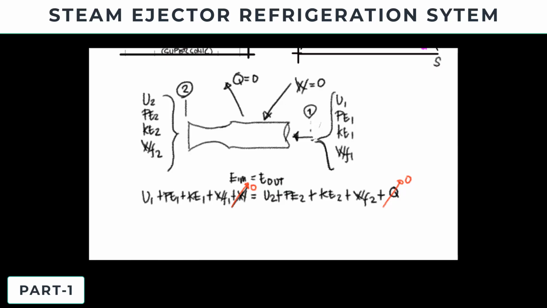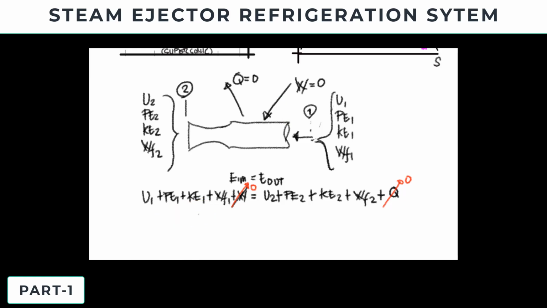So work is zero, since we don't have mechanical work supplying the nozzle, so it will be zero out. Your heat will also be zero out, since isentropically we have no heat being absorbed by the nozzle.